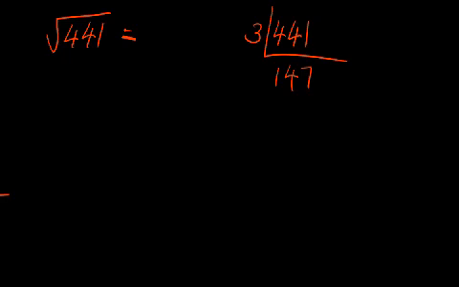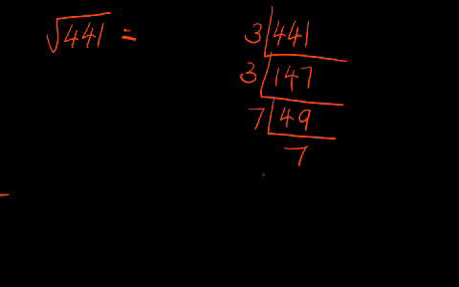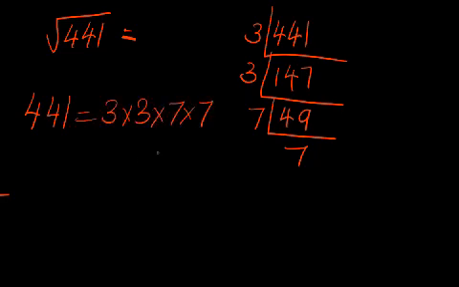So 147 is also divisible by 3. 147 divided by 3 is 49. And you know 49 is 7 times 7. So 49 divided by 7 is 7. So we can write the number 441 is equal to 3 into 3 into 7 into 7.